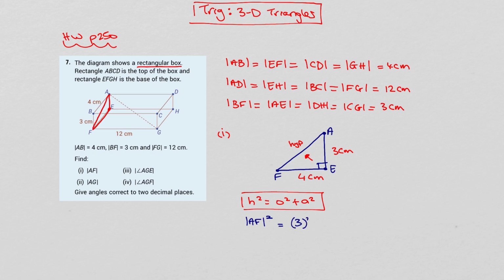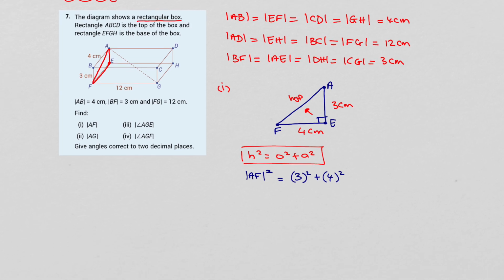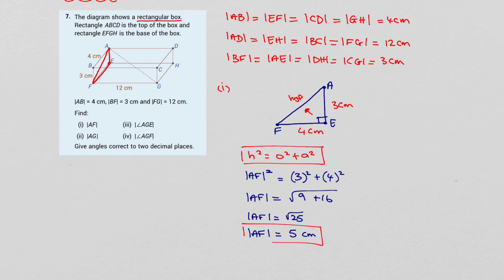And it doesn't matter which one I'm calling opposite and adjacent here, because I'm not trying to find any angles. So if I get the square root, 3 squared is 9, 4 squared is 16. So therefore AF is the square root of 9 plus 16, which is the square root of 25. Therefore the length AF must be 5. And again, units are given in the question, so I must give centimetres in my answer.